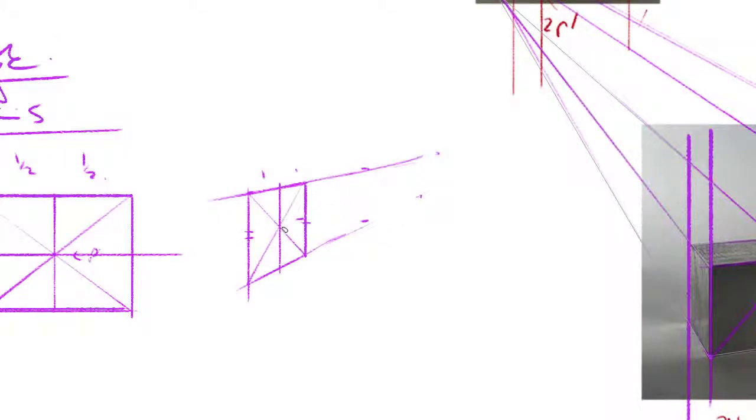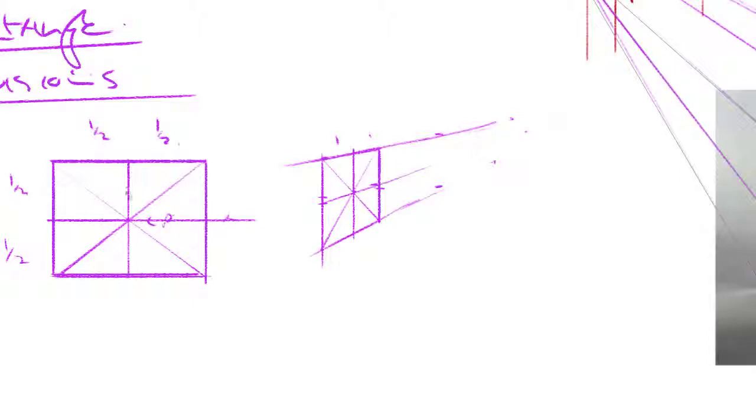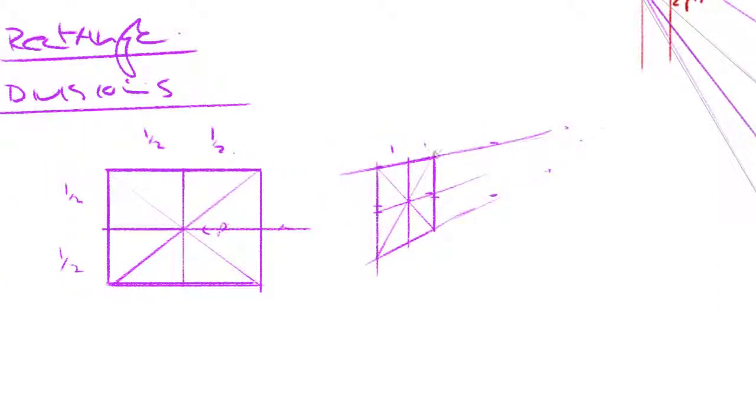If I want to divide this horizontally, this line, which is parallel to this line, needs to converge to the same point. I'm just going to take a guess now, but when you're a beginner and you start out, you have to actually find the point and see this. So there I've divided this rectangle in perspective as well.